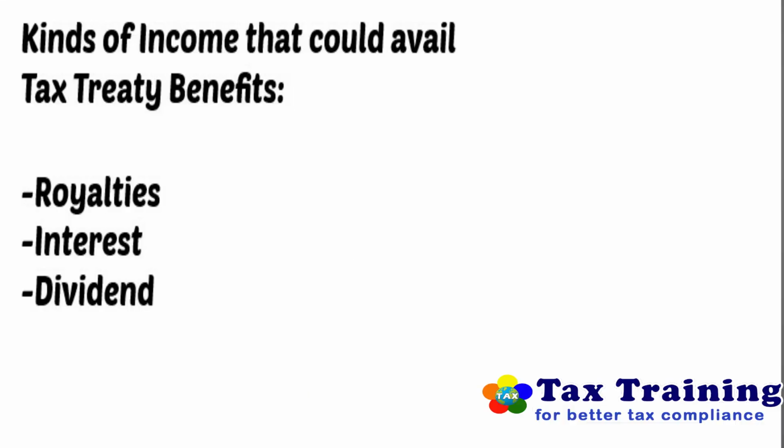Okay? So, ano po itong mga klase ng income na pwedeng mag-avail ng tax treaty benefits under this Revenue Memorandum Order? Tatlo lang po. No? Ito yung royalties, interest, and dividend. Ano po bang klaseng income itong mga royalties, interest, and dividend? They are mobile income. Why mobile? Because they follow where the owner is.